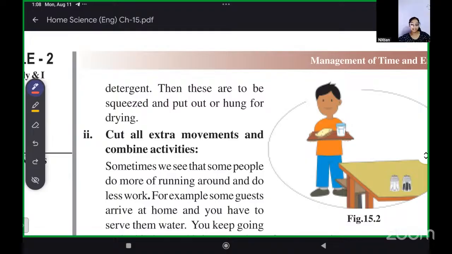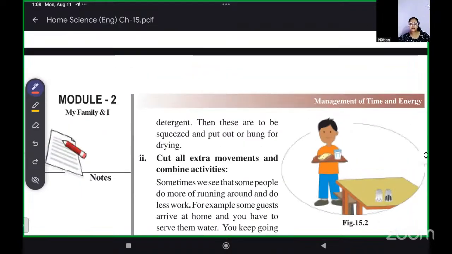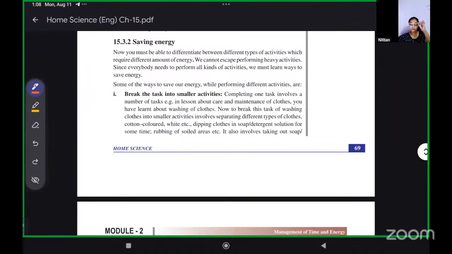We'll break it down to one chapter or two chapters. Two chapters in one day, or one chapter in the morning and one chapter in the evening. That is how we will break it down and then we study. So this is breaking down the complete task into small activities or small parts and then doing it.